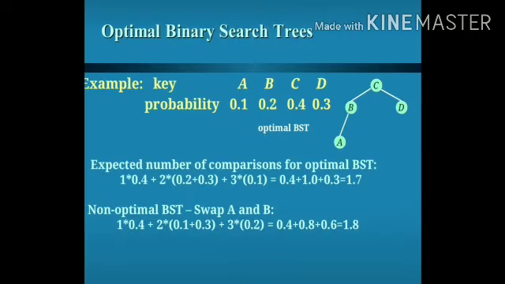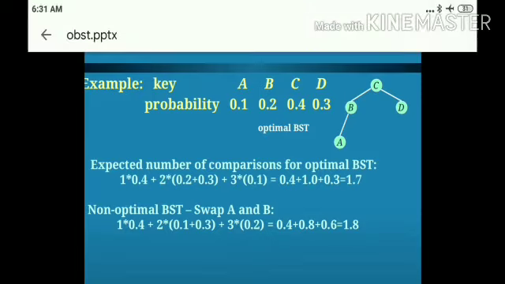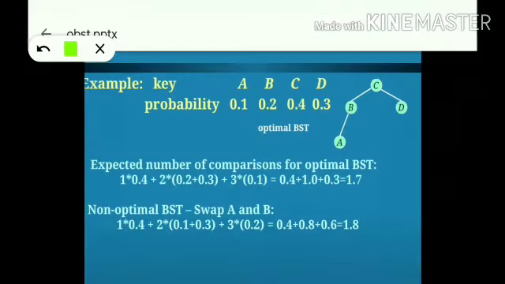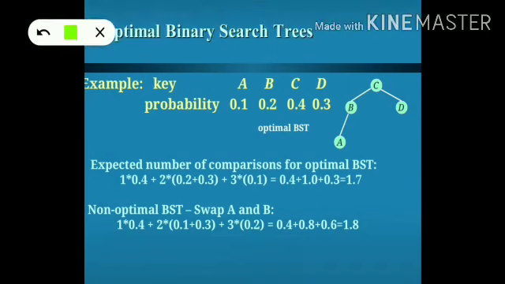When you are trying to search for a key, the number of comparisons depends on the level of the keys. For example, we have drawn a sample binary search tree here.